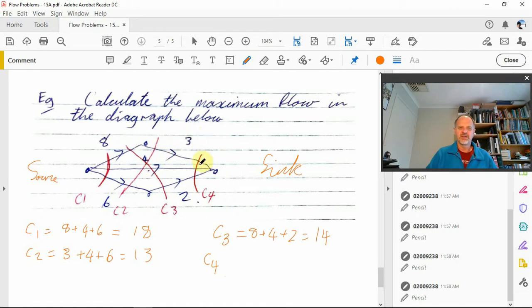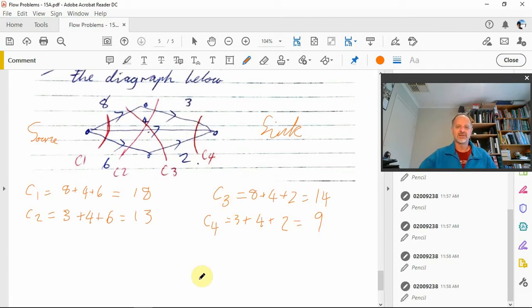This one here is 3. This one through the middle is 4. This one here is 2. And so that's 9. So the maximum flow is the minimum cut. So in this case, our maximum flow is equal to 9.